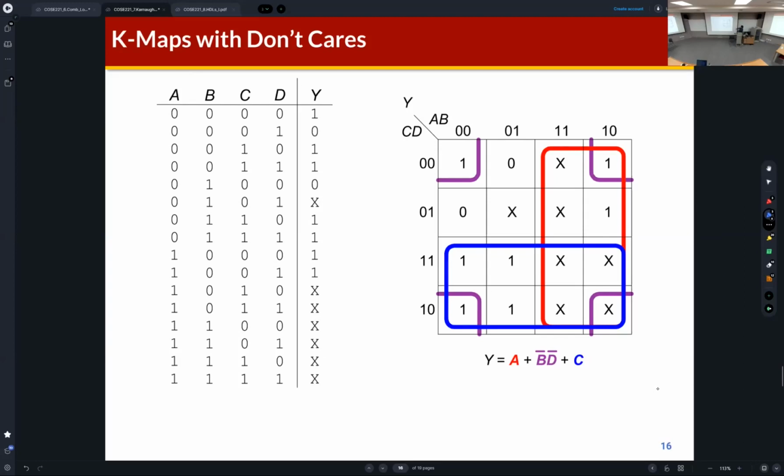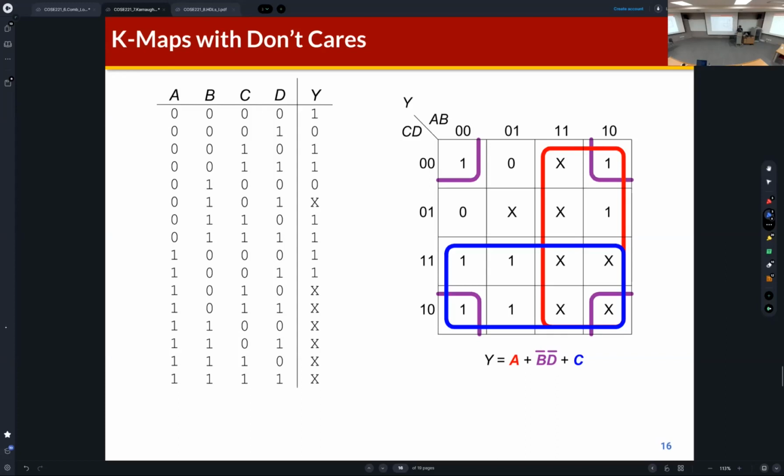So when we group 1s and don't cares, we can think don't cares as 1 or 0. And we can decide the value of X for making the best optimized equations. Okay. So which means that we can make the largest circle including X, if possible.